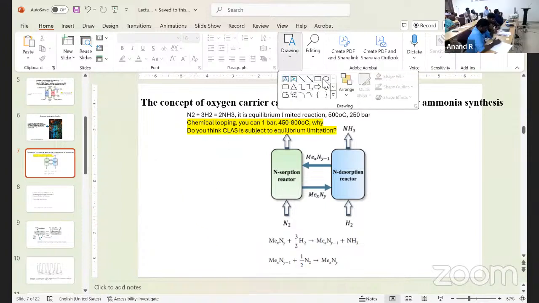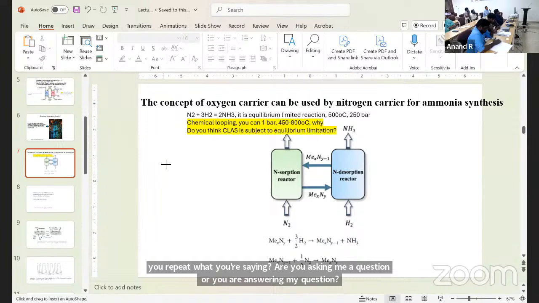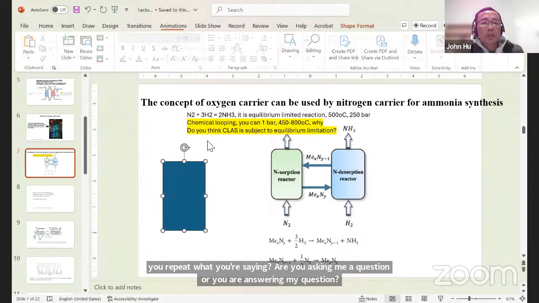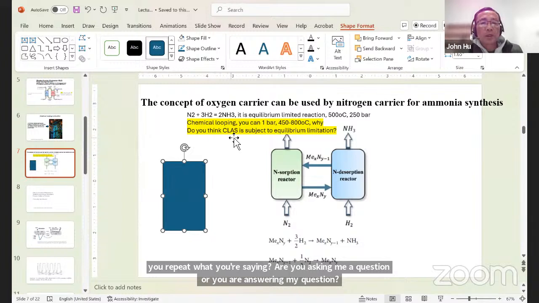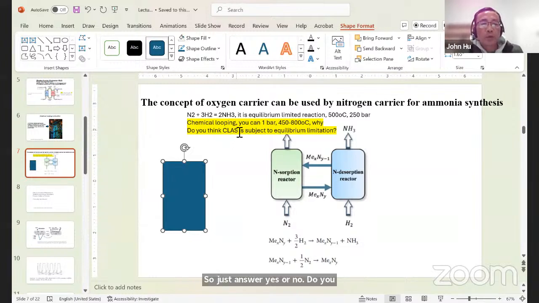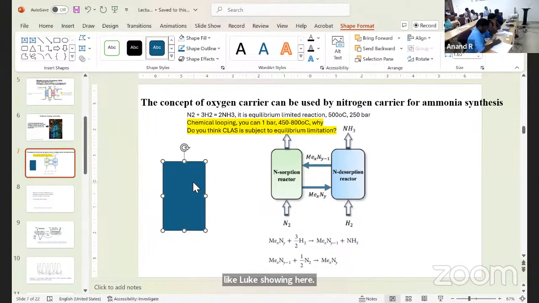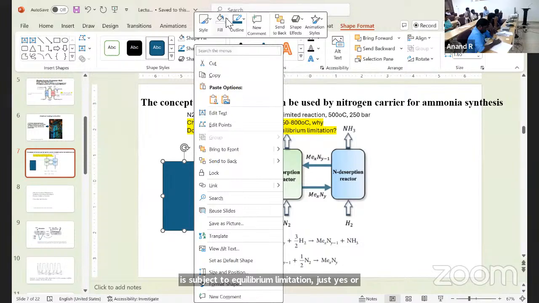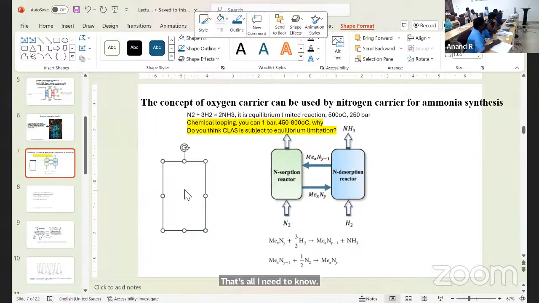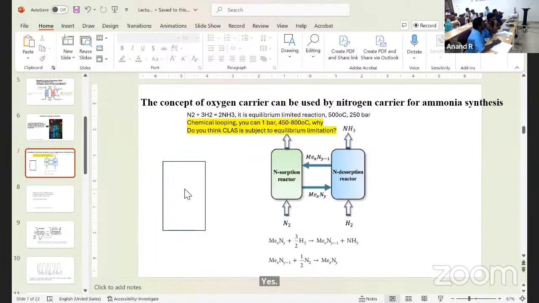No, I need some clarification on your question. So just answer yes or no. Do you think CLAS, chemical looping ammonia synthesis, like the loop shown here, is subject to equilibrium limitation? Just yes or no. That's all I need to know. Yes. Yes, it comes under equilibrium limitation.